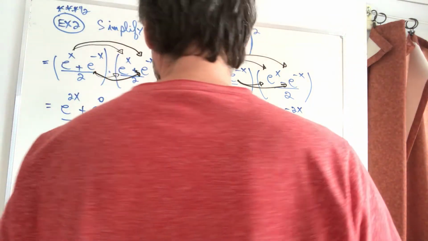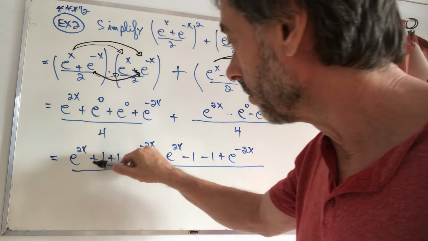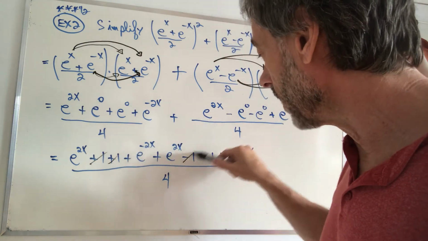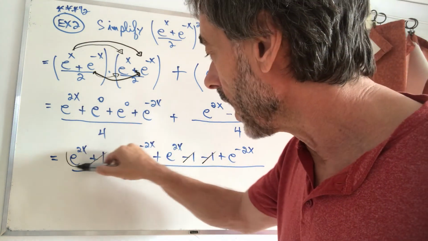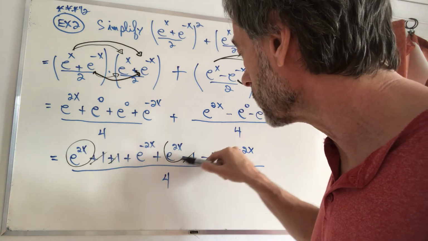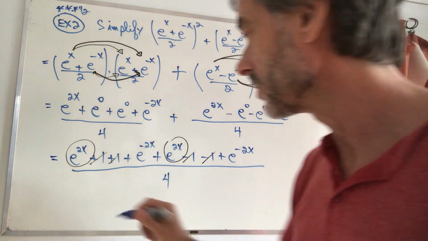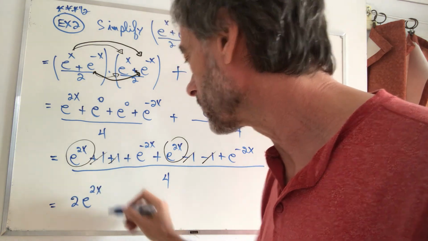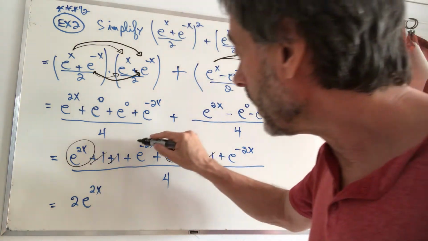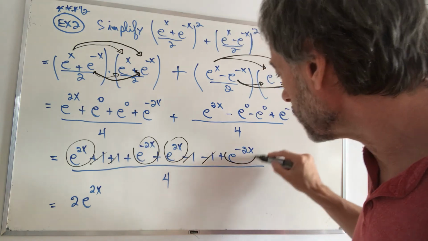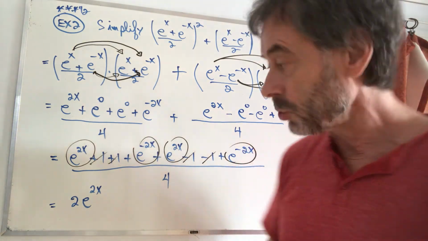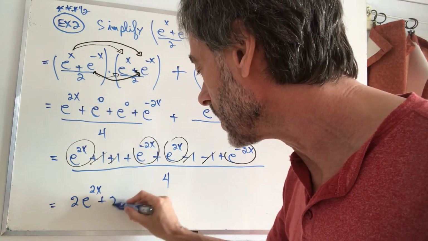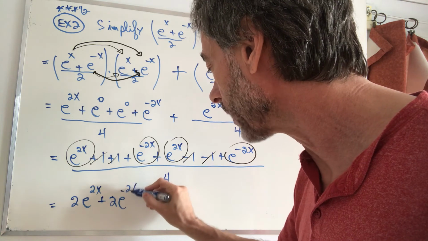All right, cancellations here. Plus 1, minus 1, minus 1. Like terms, e^(2x) plus e^(2x), so that would be 2e^(2x). e^(-2x) plus e^(-2x) is 2 times e^(-2x), all over 4.